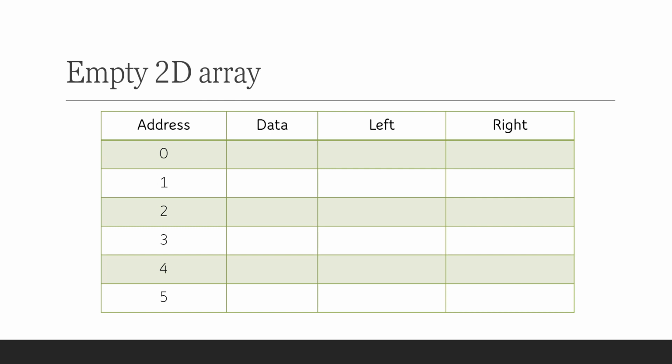Of course, do remember that they don't really go left and right, it's just the way that we visualize it. Now, suppose we wanted to add a single item to that array. That would be the root node, the first item in the tree. So this time I've given it the data value, the letter F, and obviously the pointers are null at the moment. There's no more data in the tree.